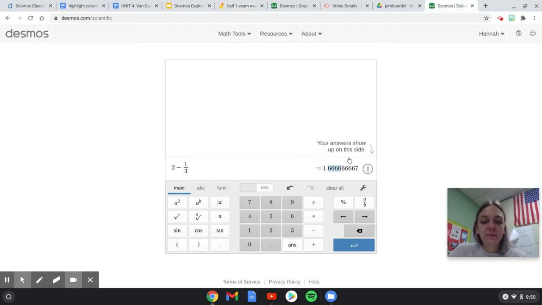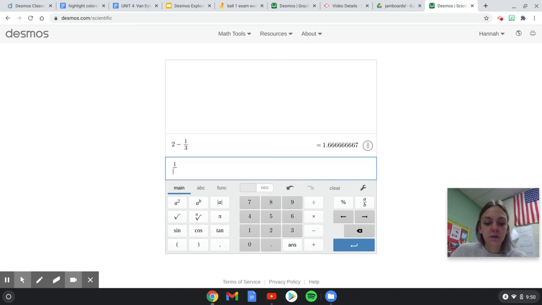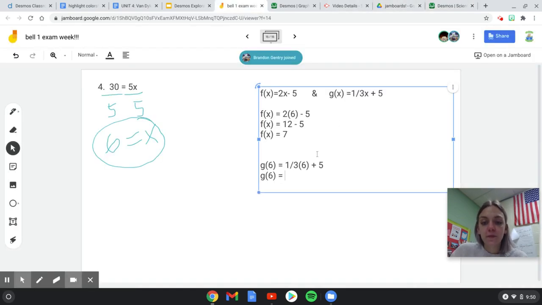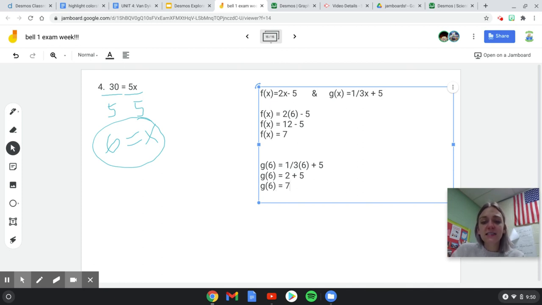I have 1/3 times 6, which leaves me with a 2. And then I'm going to bring down this plus 5. Perfect. g of 6 is equal to 7. So both of my functions, when I put a 6 in for x, are equal to 7, which is exactly what I want.